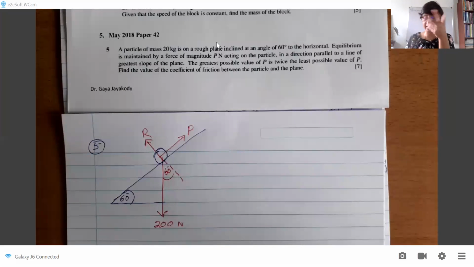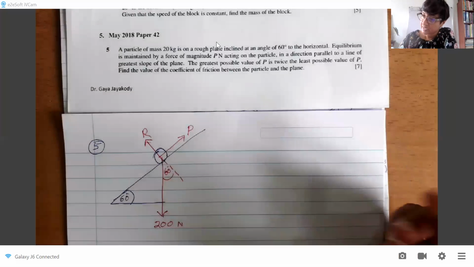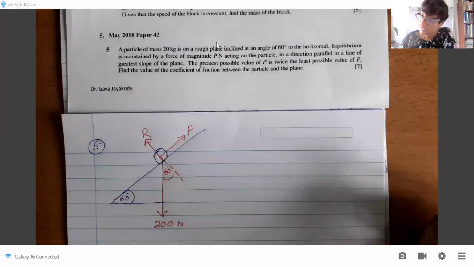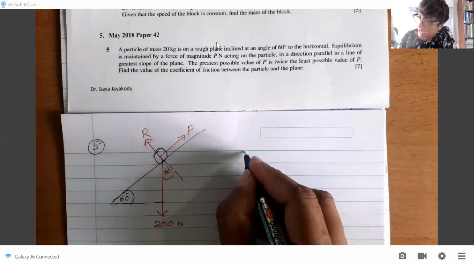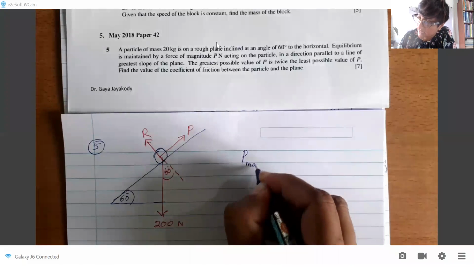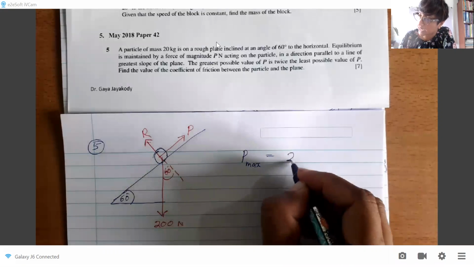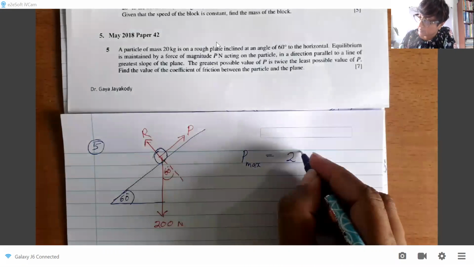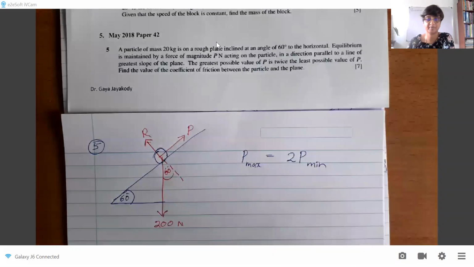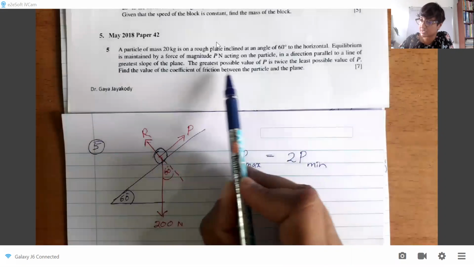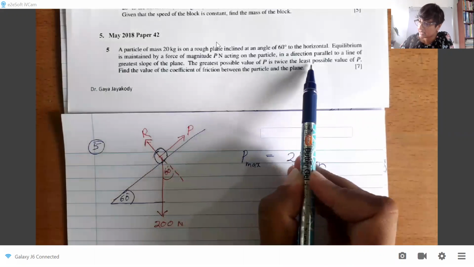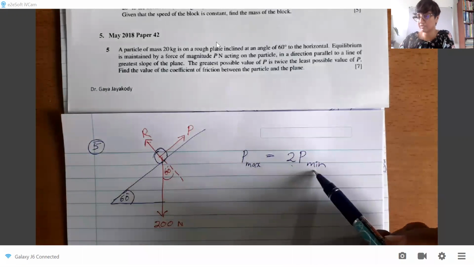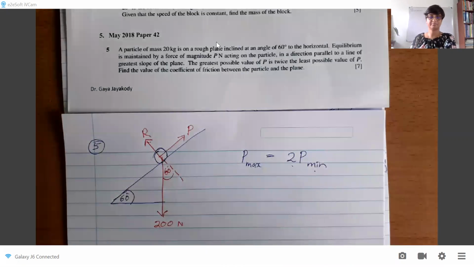With any of those values of P, this can be kept in equilibrium. This is exactly what we did last week. The greatest possible value of P is twice the least possible value of P. So P max is equal to 2 times P min. This is this information. Find the value of the coefficient of friction. Okay.